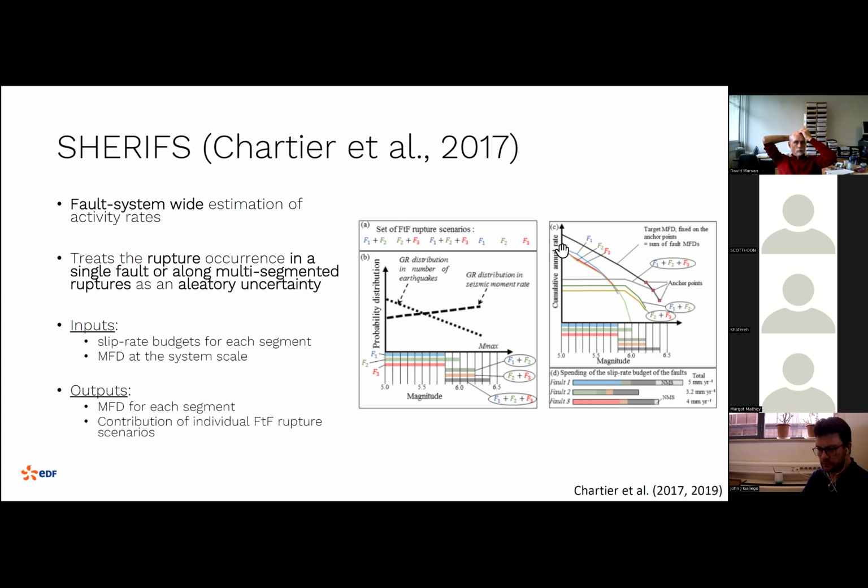And you see that for the single rupture, you have a larger proportion of small magnitude events, but ruptures that break 2 or more segments are associated with larger earthquakes. So it's a very interesting approach to consider when you want to characterize your segments.